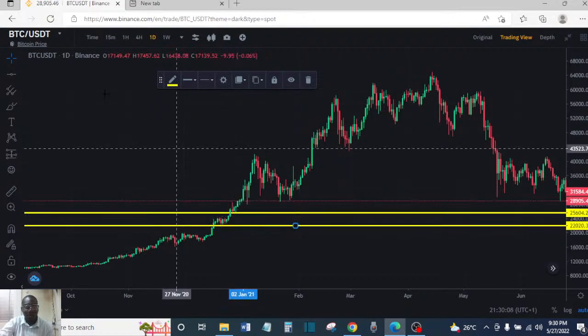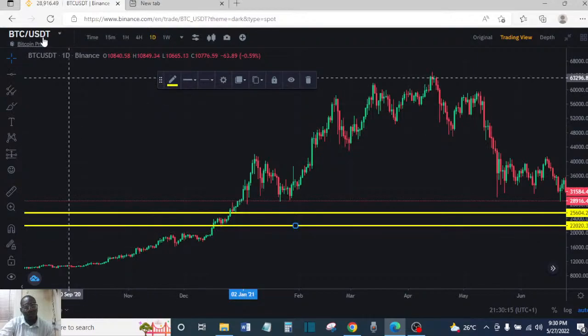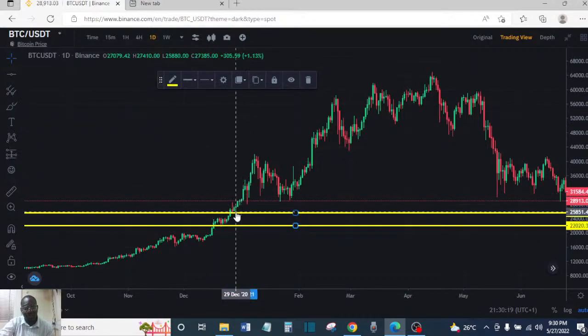Now when you look at this chart, this is Bitcoin USD. If you check Bitcoin BUSD, this particular point has been cleared out. That was the first time I was seeing that kind of movement, completely different from BTC USD.